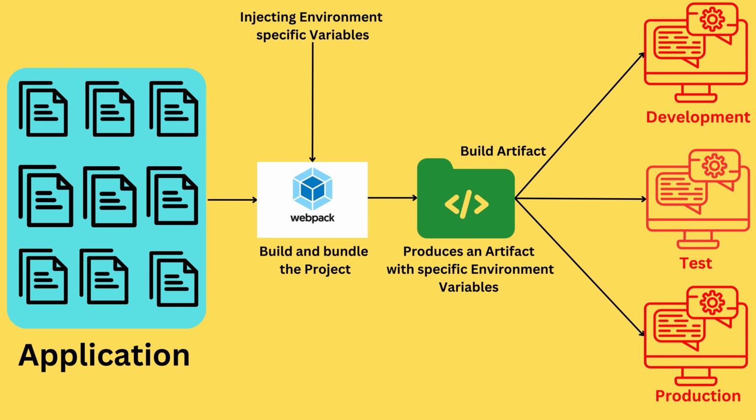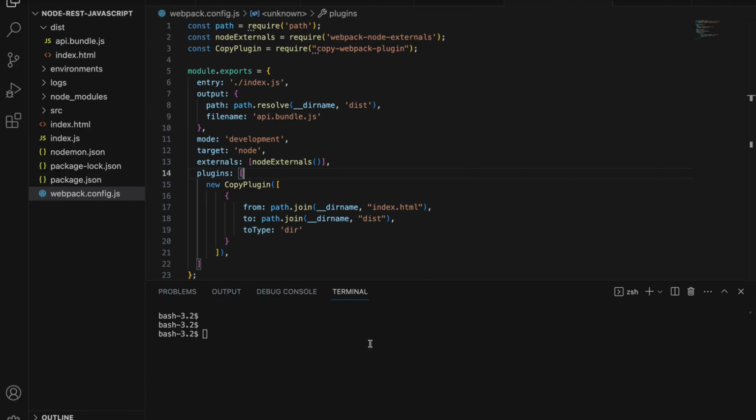If you build the project with production webpack.config.js, it builds the artifact with production variables, so that the same artifact can be deployed in different environments. This can be achieved in different ways. Let's get started.